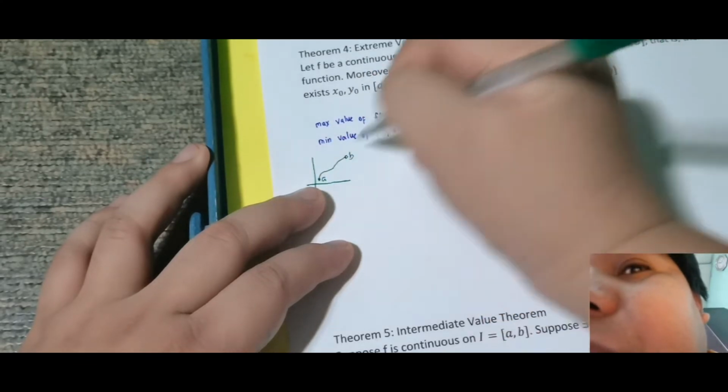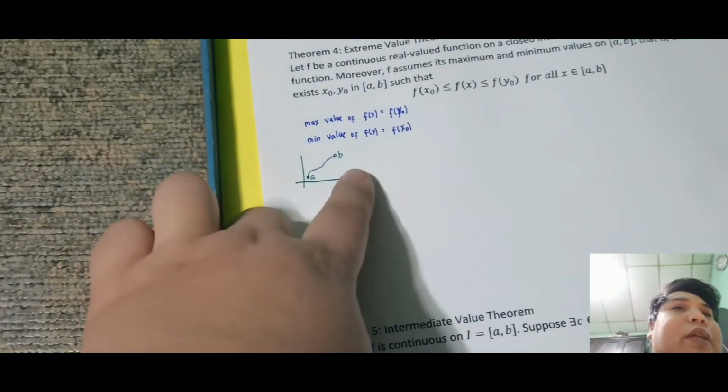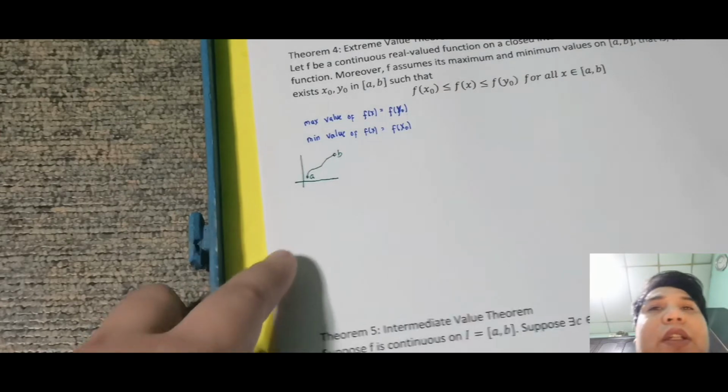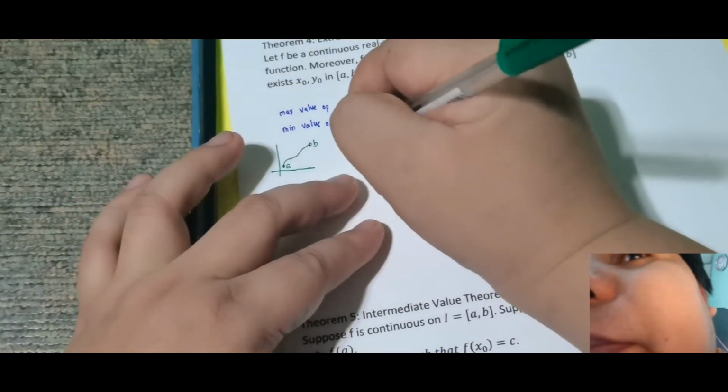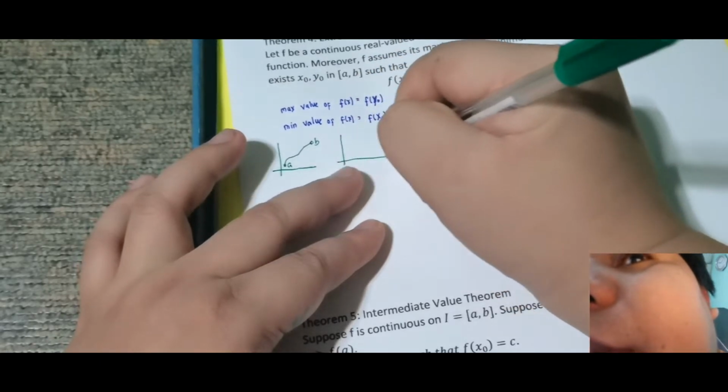Ito yung ating coordinate, ito yung ating Cartesian plane. Una is ito. Yan yung AB. So meaning yung kanyang maximum value is at B. Pag ganyan, yan yung sinabi ko, increasing isa. Ayan yung mga sure case. Another is yung graph is ganito.